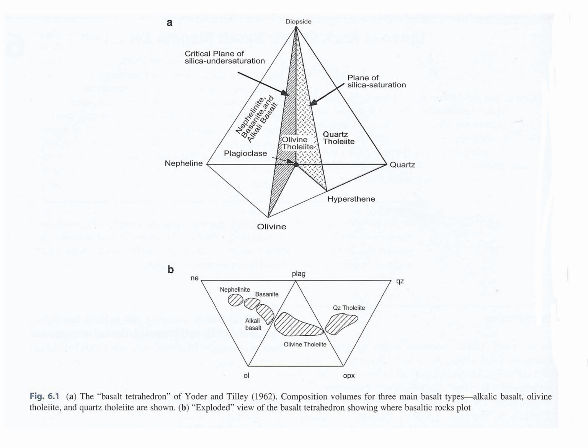If it is going more from alkaline to tholeiitic, or tholeiitic to alkaline, or whatever. But that is a topic for next semester when we talk about the petrogenesis of igneous rocks.